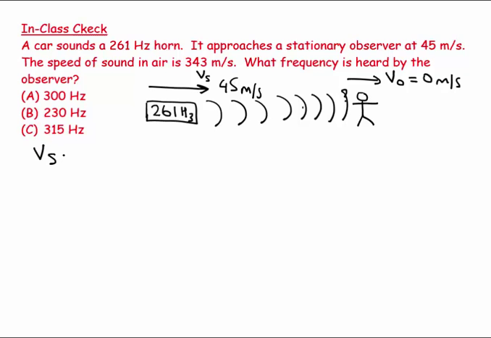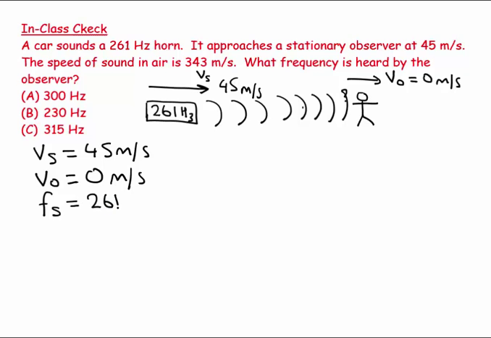So our V source is equal to 45 meters per second. And our V observer, because it's stationary, is equal to 0 meters per second. And the frequency of our source is equal to 261 Hertz.